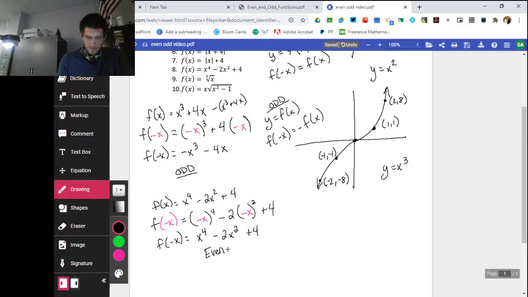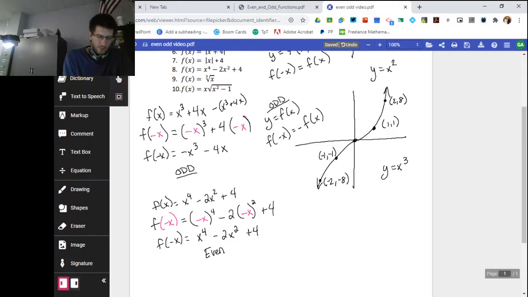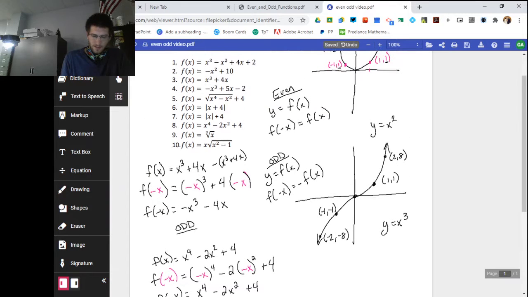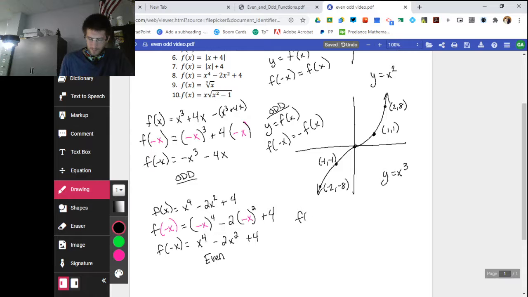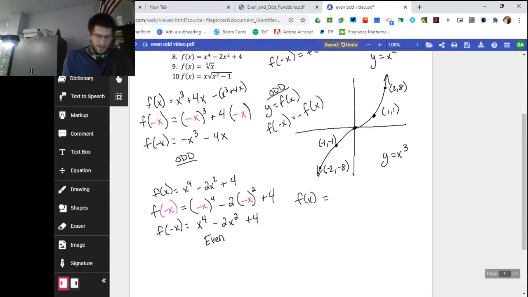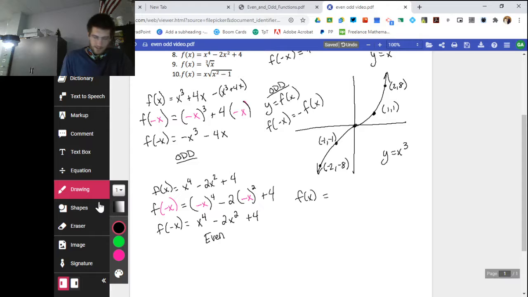All right, let's do one more. Let's go up here. Let's do number 2. So number 2, we have a function that is negative x squared plus 10. If I put in a negative x, let's see what happens here. So I put a negative x in for all of my x's.